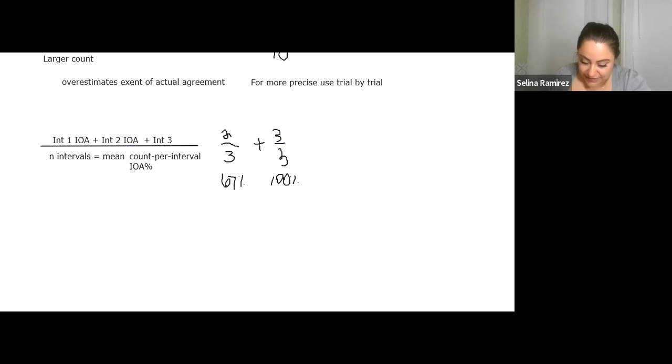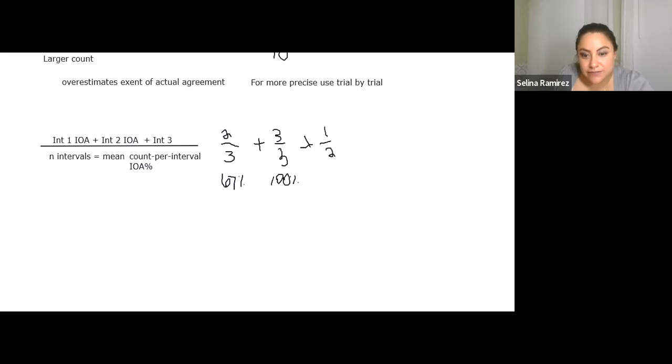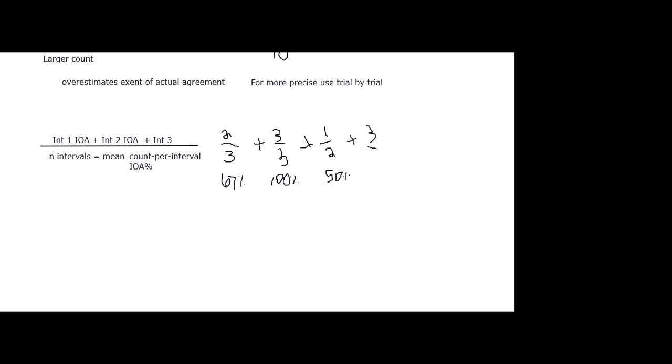Okay, and then the next one, smaller over larger, is 1 over 2. Yeah, 1 over 2, which would give us 50%. Okay, and then interval 4 is 3 and 4, so that one's going to be 3 over 4. 75%.